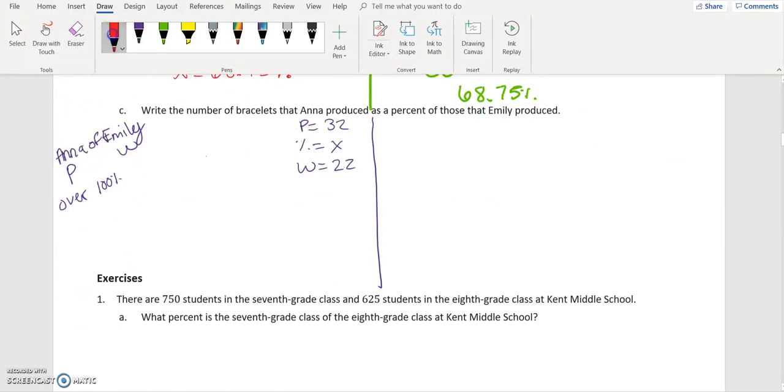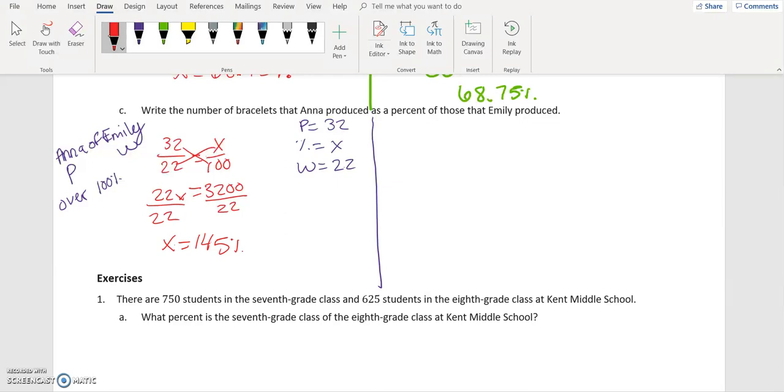Okay, so we've got 32 over 22 is equal to x over 100. Cross multiply and divide. So x is equal to 145%.